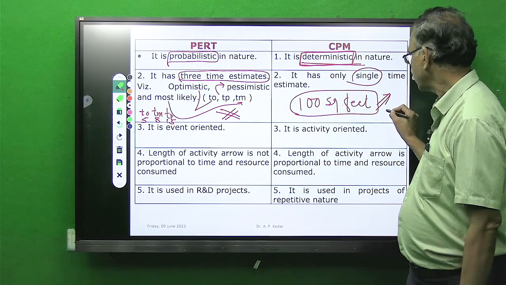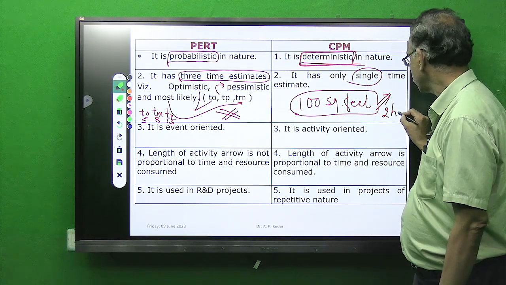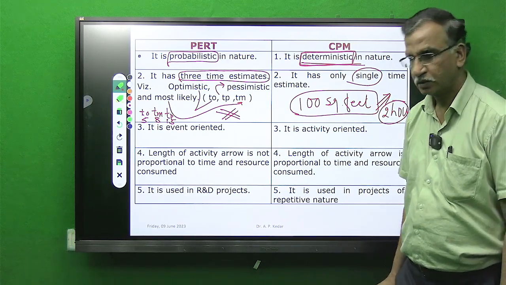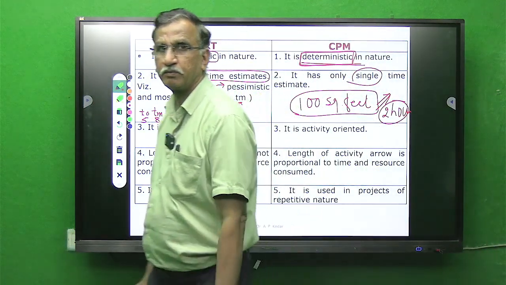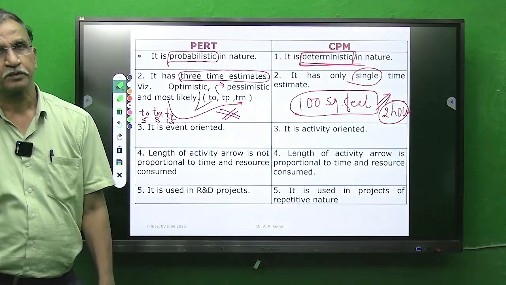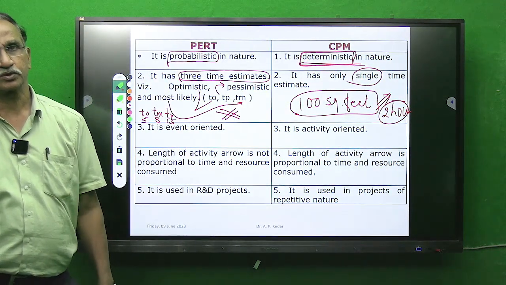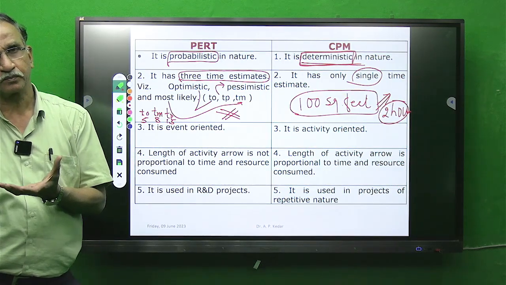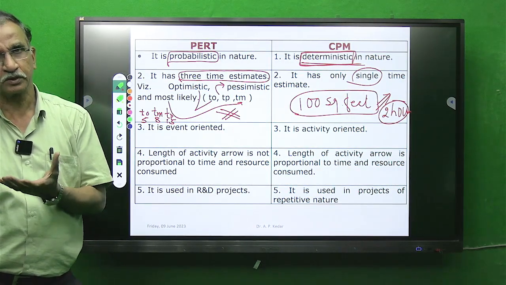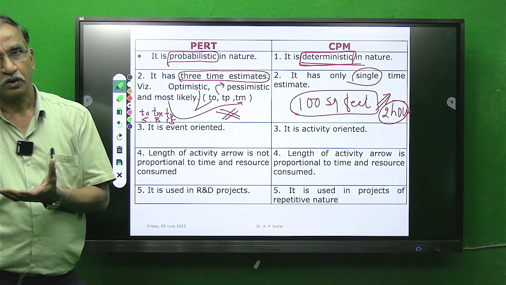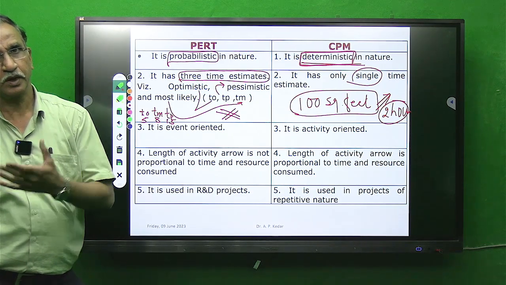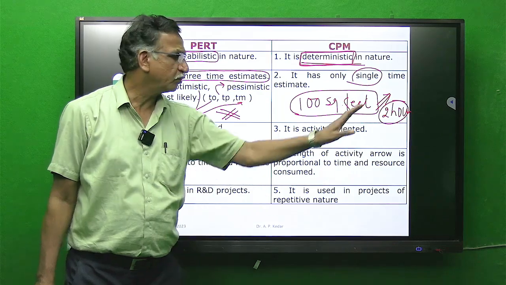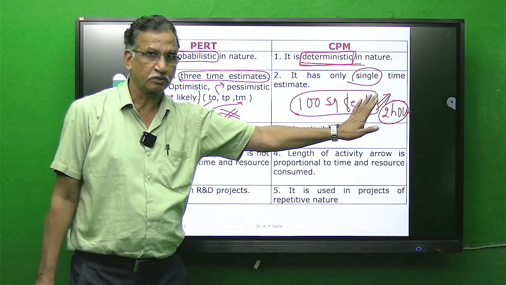If it is 2 hours, it will need only 2 hours. It cannot be completed within half an hour. It will not take 5 hours or 6 hours. The builder knows that a standard, average mason, any average mason, will take this much time, and calculations go by this concept only.